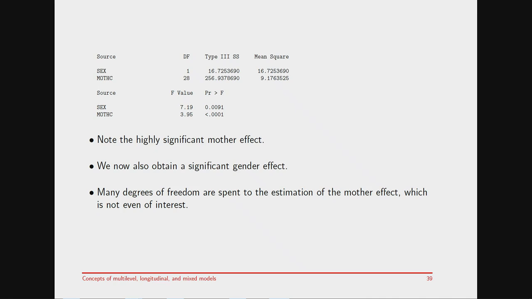But we are not interested in these mothers. So why would you want to estimate here 28, in other contexts hundreds or thousands of parameters that no one is interested in? That mother effect is there only to correct for the variability between these mothers, but we're not really interested in these actual mothers.